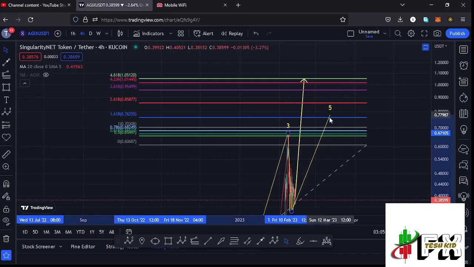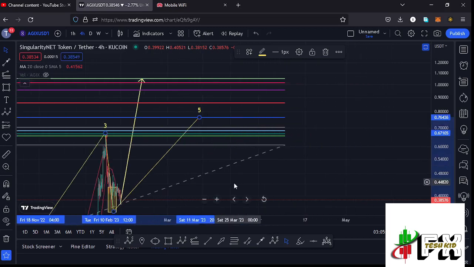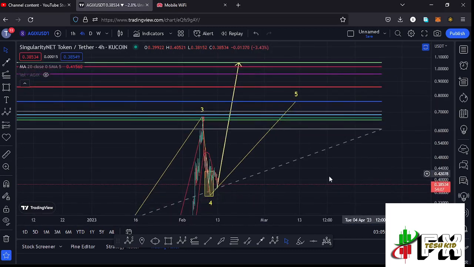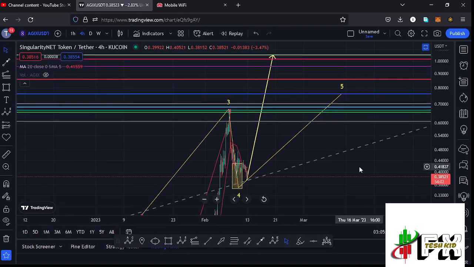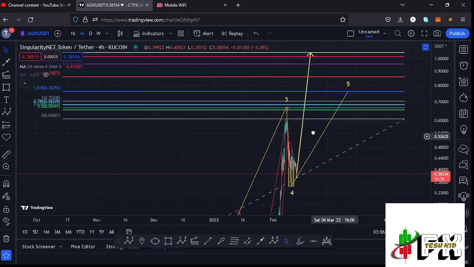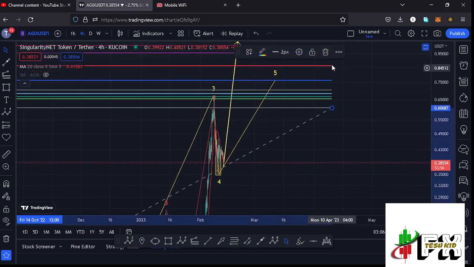And that is the minimum that we can expect AGIX to do in case we continue pushing even higher, obeying the Elliott structures, see a break above the 20-day MA here on the 4-hour chart, and also a break above the wave 3 high, and continue pushing even higher to fully maximize our target areas in the formation of that wave 5. So that is what I'm expecting on the short-term scenarios.